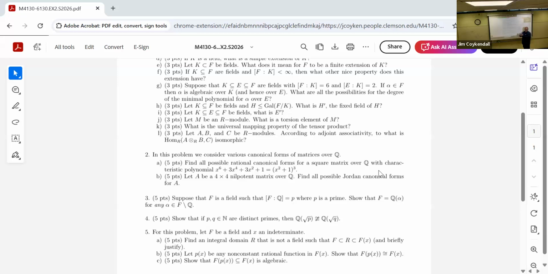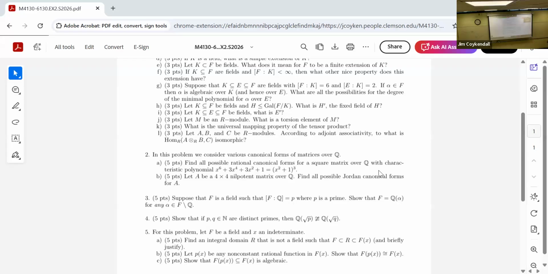Once again, you've got a single prime, x to the fourth power. So the primary rational canonical forms and the rational canonical forms would all be the same. Of course, here I'm asking you to do the Jordan form, which is a little bit different. And the fact that you can do this is the fact that the characteristic polynomial is actually a linear polynomial. Am I okay with that?